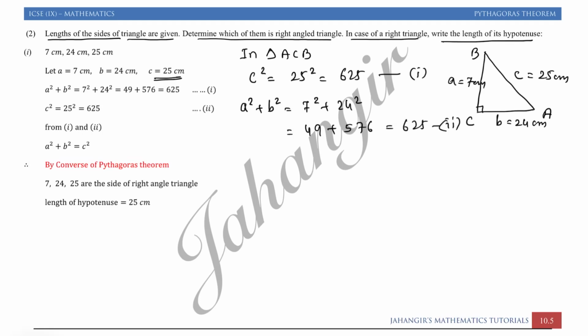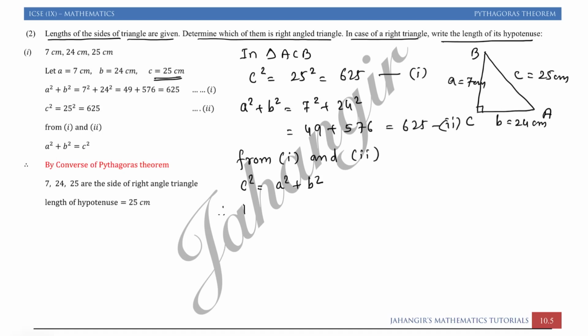This is my second result. Now I can say from 1 and 2, C square is equal to A square plus B square.